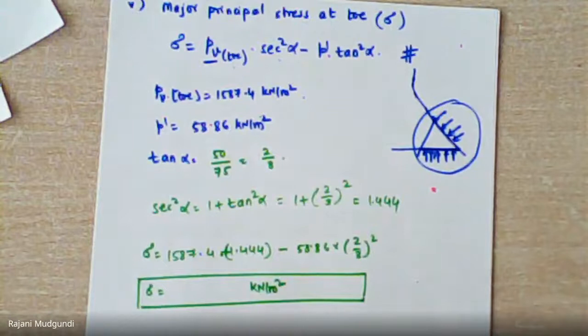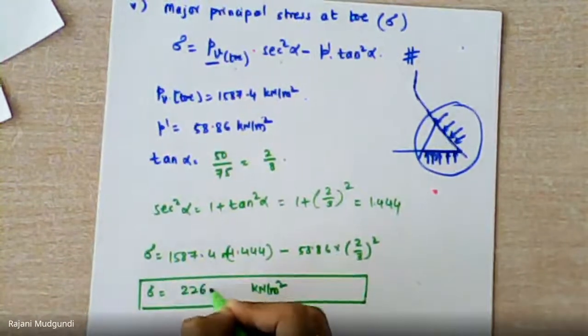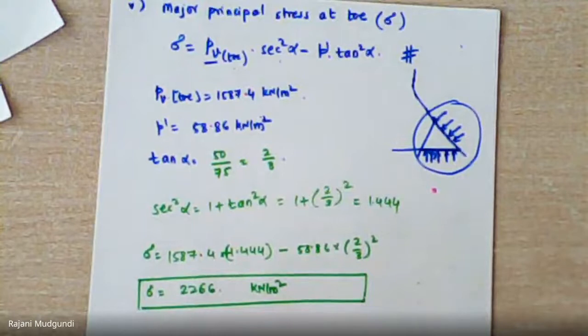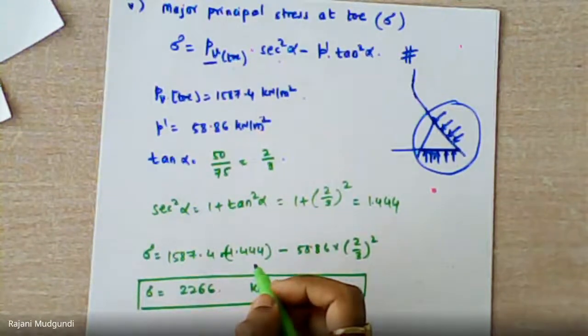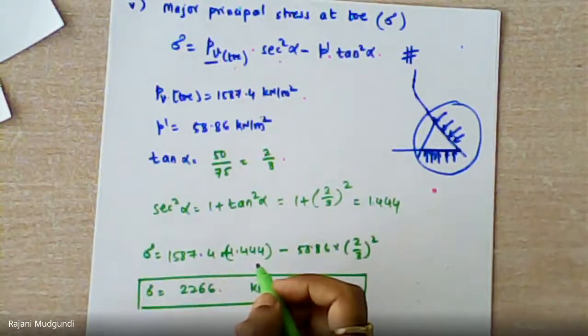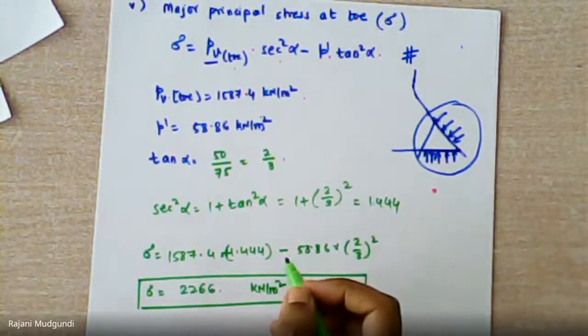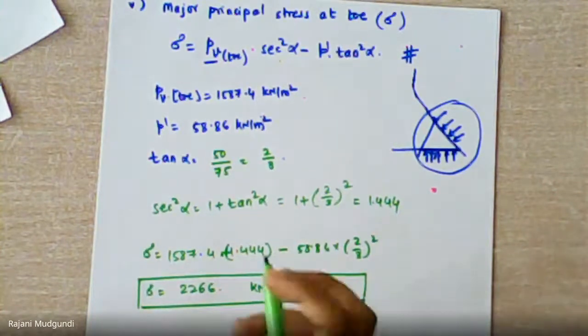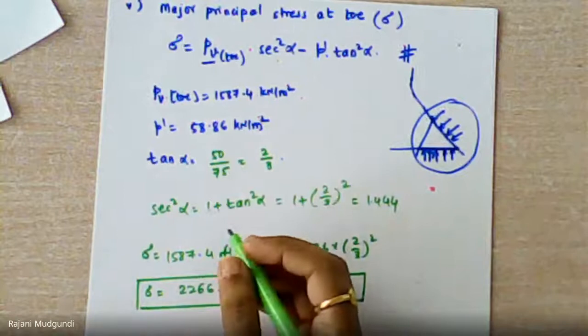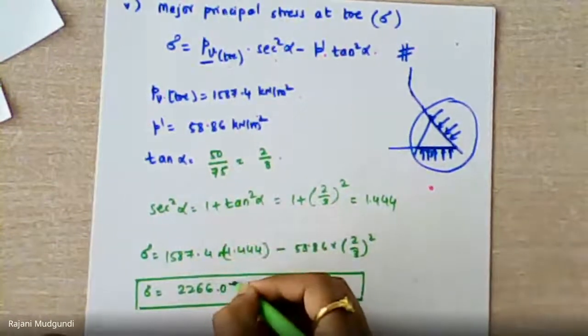Okay, 2266.04. Any other answer than this? Any other value? 2266.07 or 0.04.